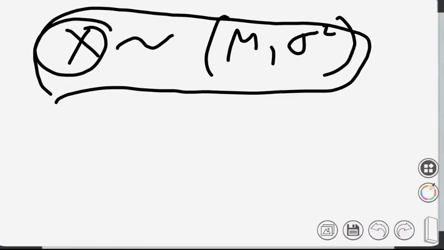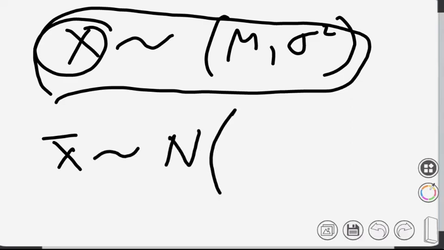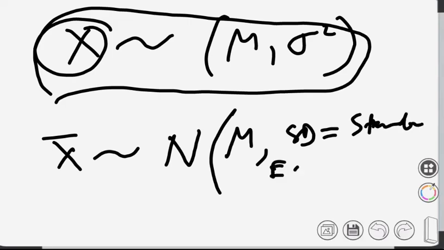Then if you are choosing a sample, the sampling distribution of the sample mean x bar will follow a normal distribution with the same mean as the population mean mu, and standard deviation equal to the standard error of x bar.